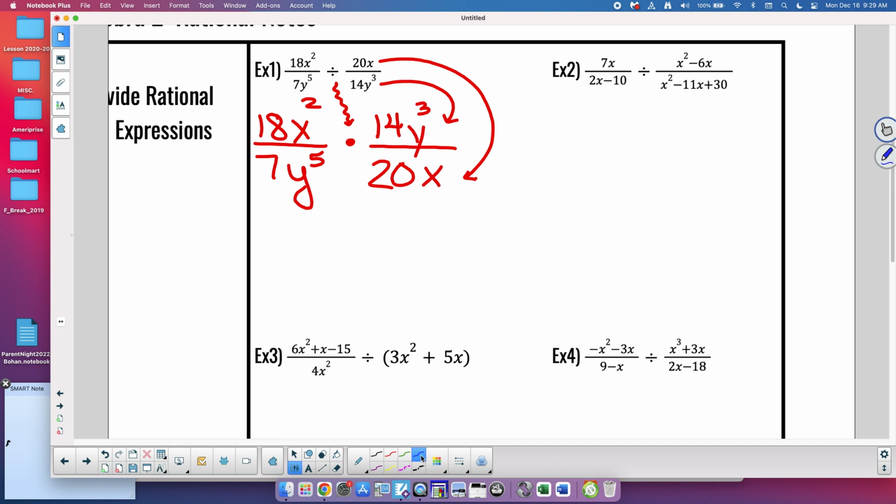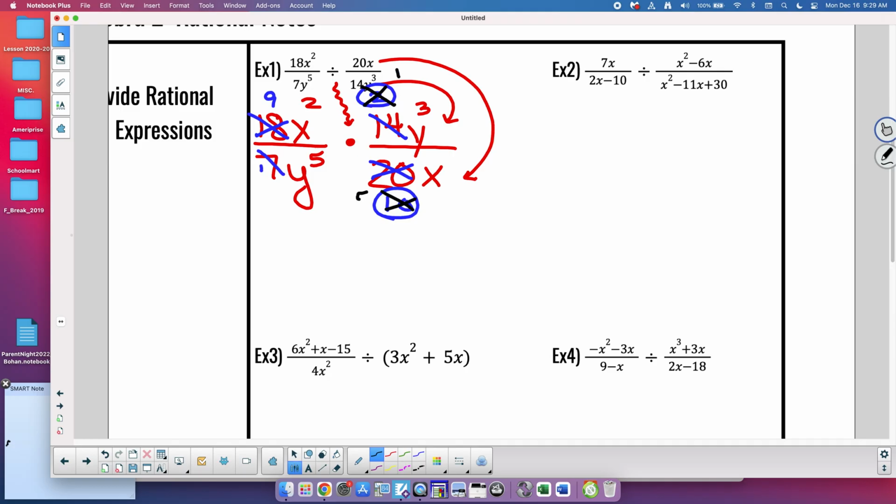What goes into all the numbers? 7 goes into 7 once. 7 goes here twice. Okay. What goes into 18 and 20? 2. 2 goes in here 9 times. 2 goes in here 10 times. Okay. 2 over 10 reduces to what? 1/5. Okay. So that's a 1 and that's a 5.